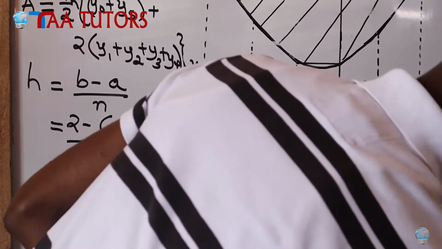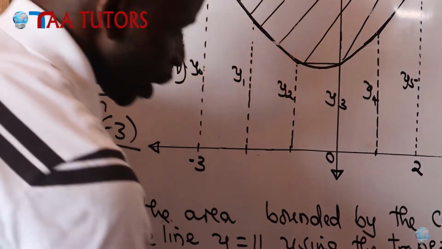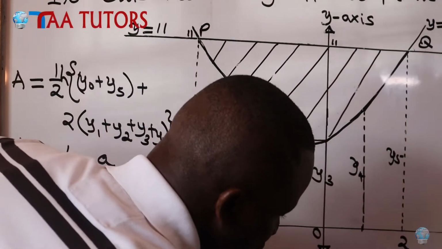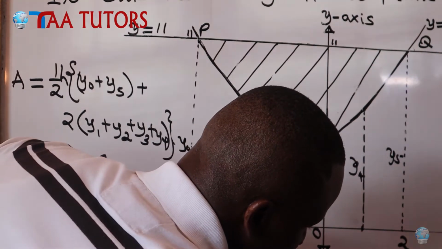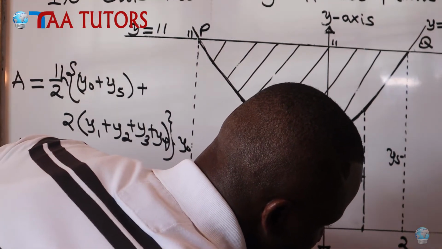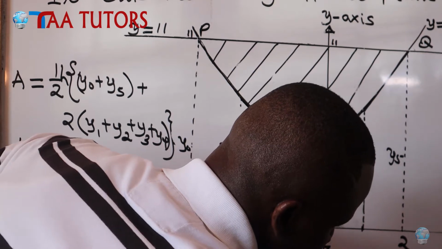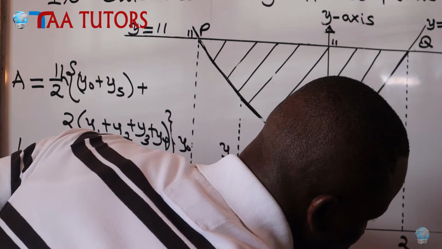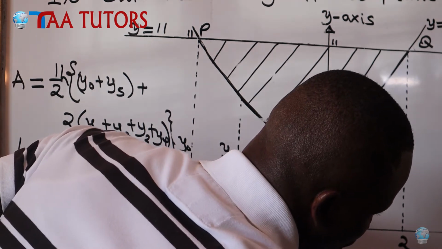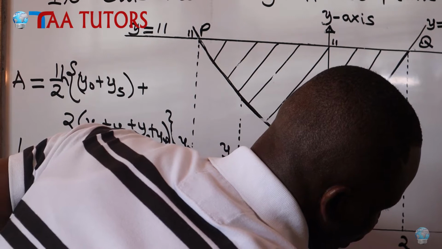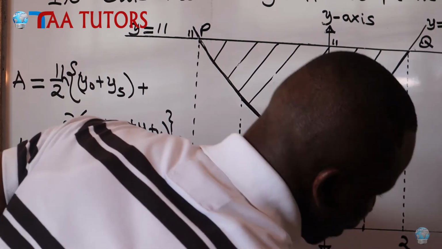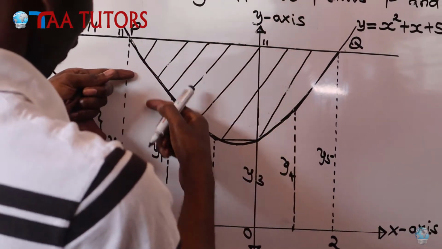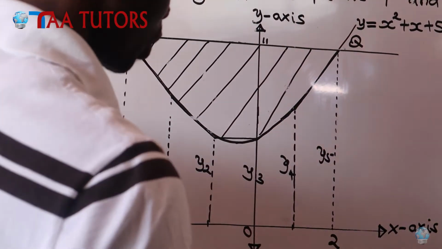So we have determined the formula for the area: A equals a half h, this is the trapezium rule, into y0 plus y5 plus 2 into y1 plus y2 plus y3 plus y4. That is going to give us the area under this curve, below the shaded region.